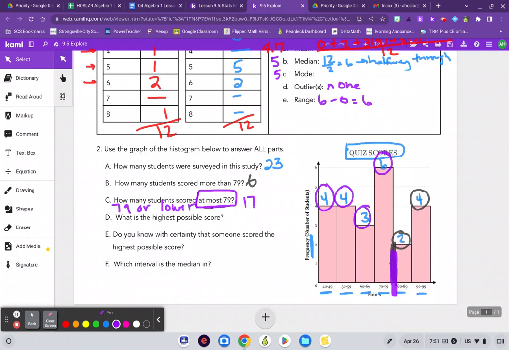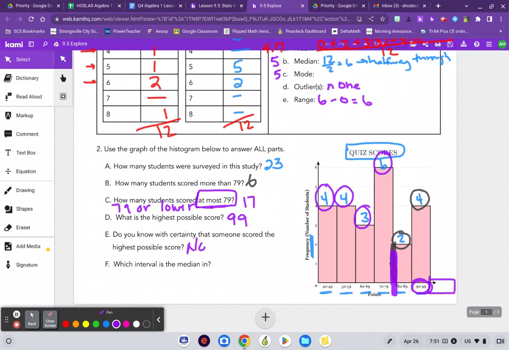What is the highest possible score? Well, I guess it goes up to 99. I'm assuming 100 could be used, but I don't have anything past that 99. So based on the intervals that I have for points, I'm just going to say the highest possible score was 99. Do you know with certainty that someone scored the highest possible score?